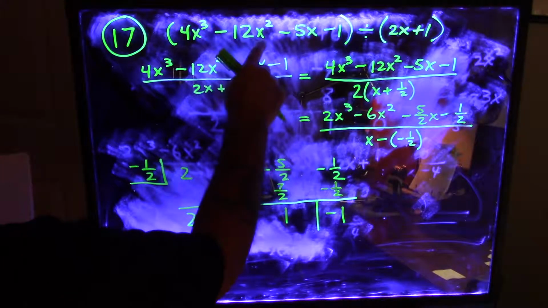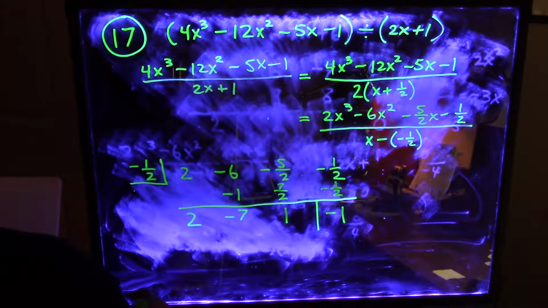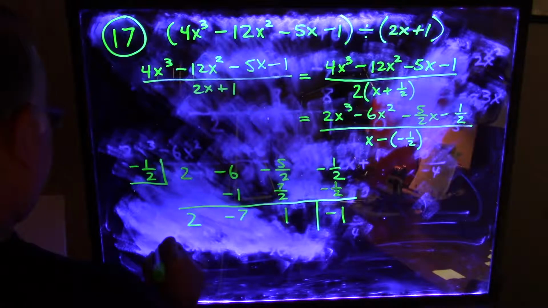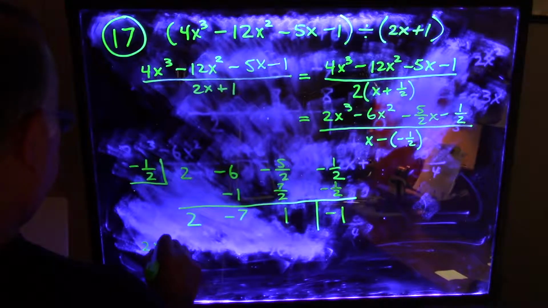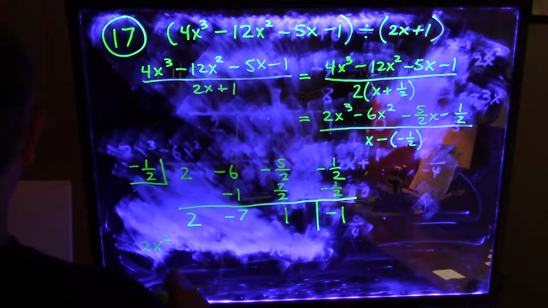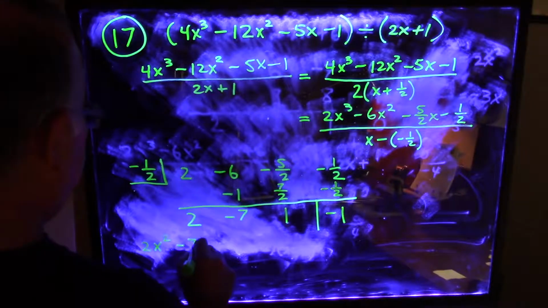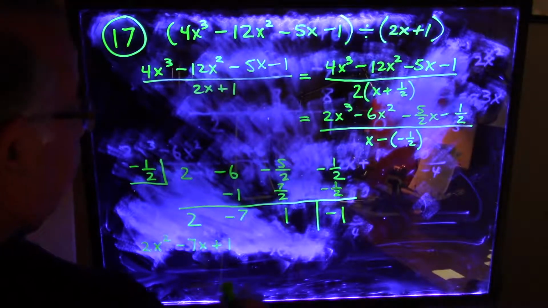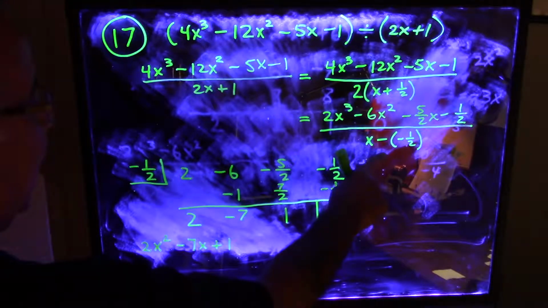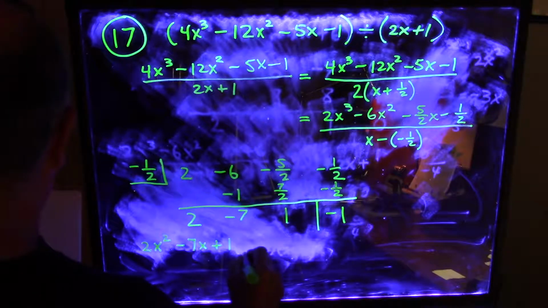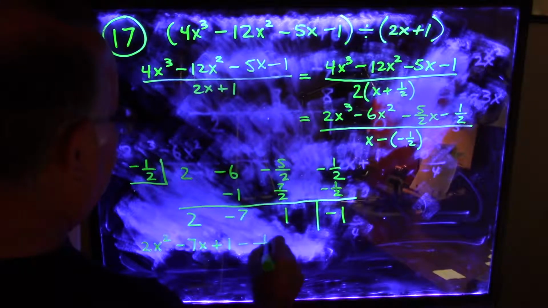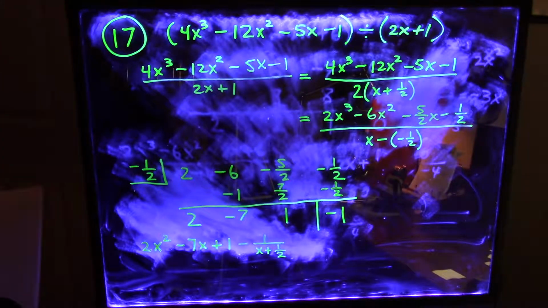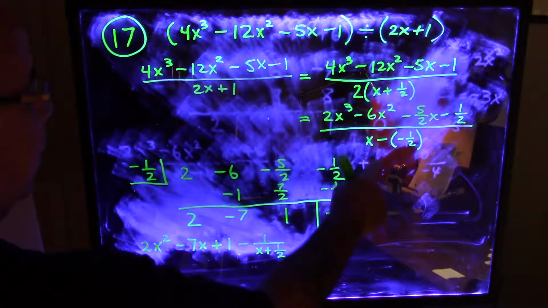So you're taking this division here, and the result from here is 2x squared minus 7x plus 1. And then you've got a minus 1 over this divisor, x plus a half, minus 1 over x plus 1/2. So again, you're using this divisor here.